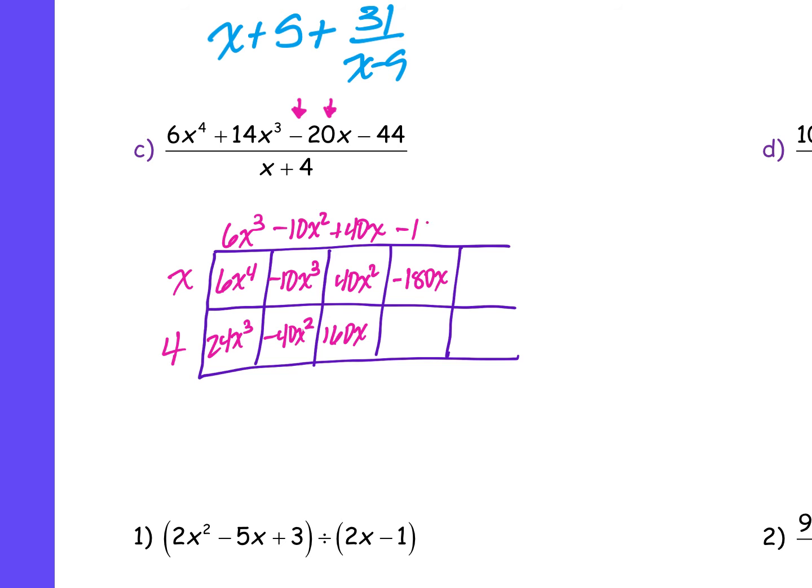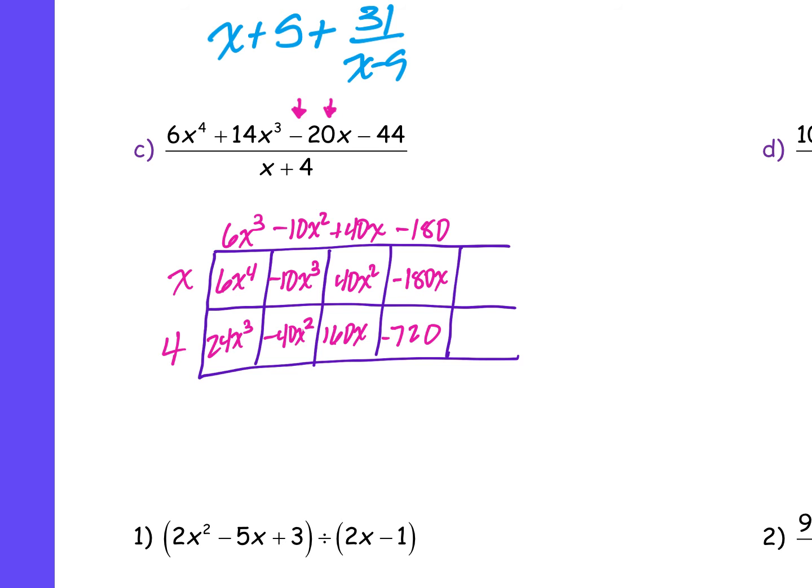So it is negative 180. Okay? So that was your guys' question, right? And negative 180 times 4 is, 4 times 8 is 32, so negative 720.